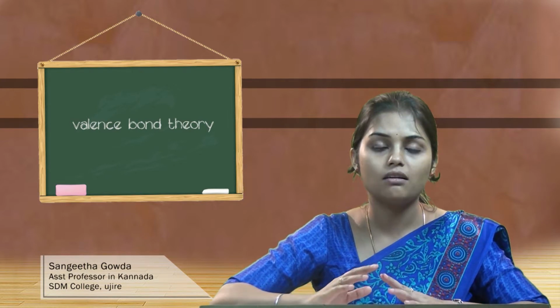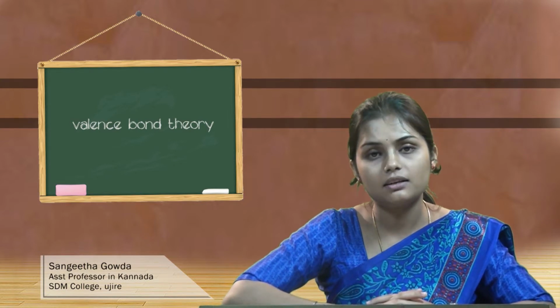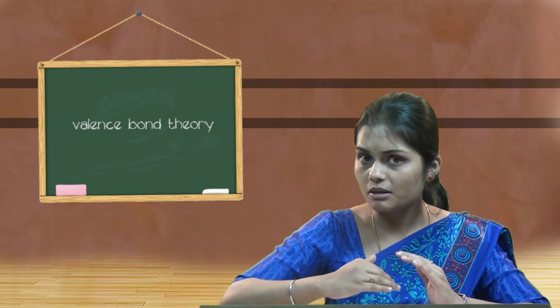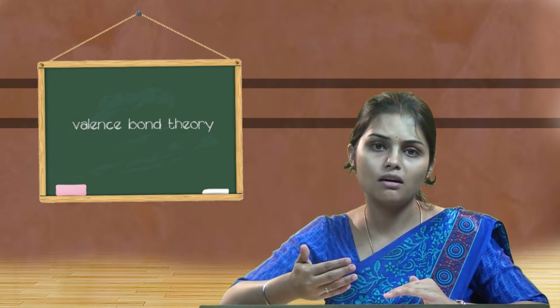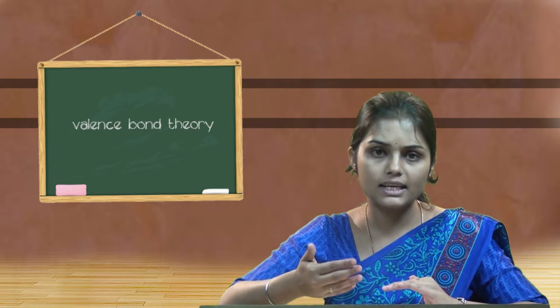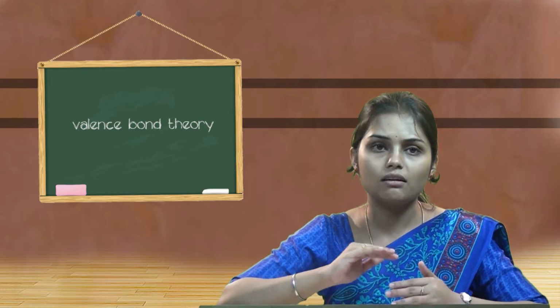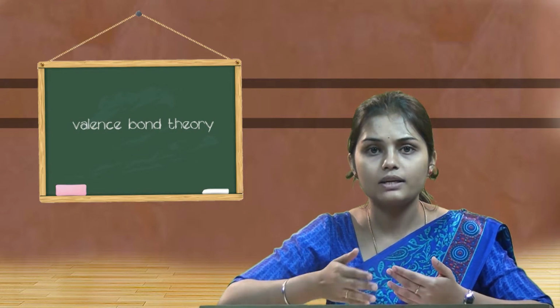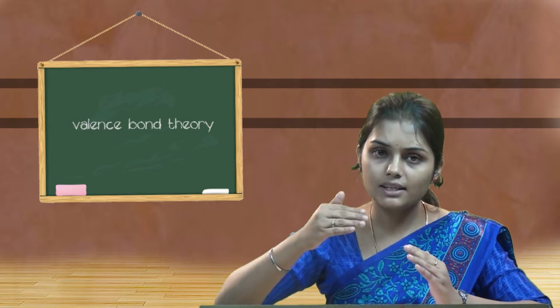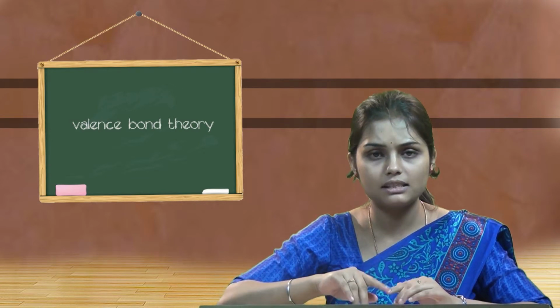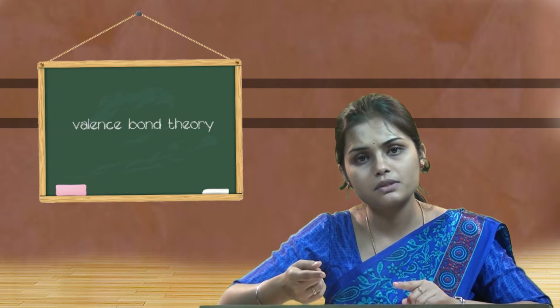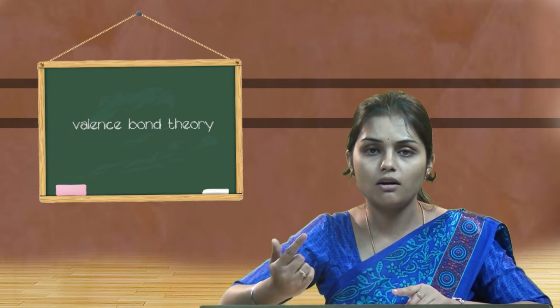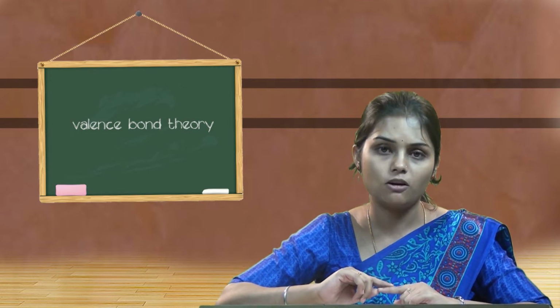The last drawback is that a central metal ion in some oxidation state forms outer complexes or low spin, and in the same oxidation state it sometimes forms high spin or inner complexes.